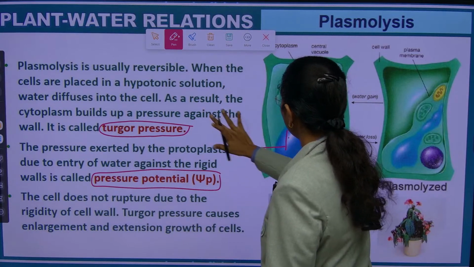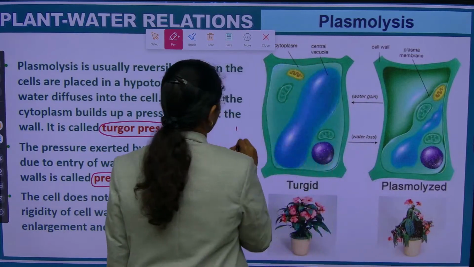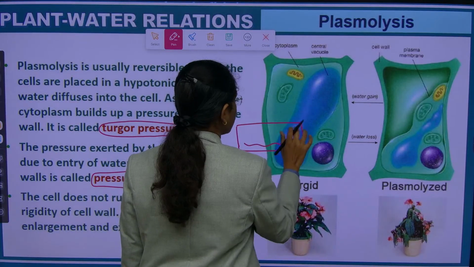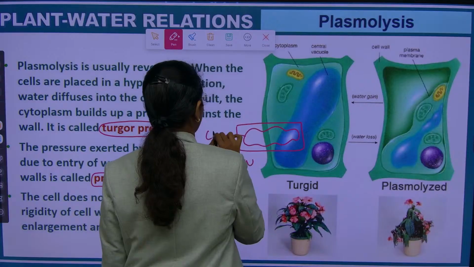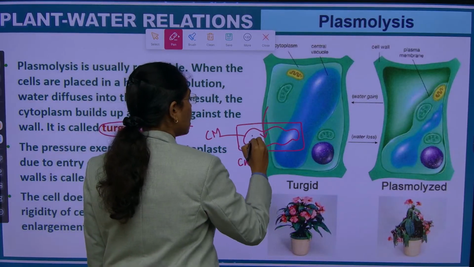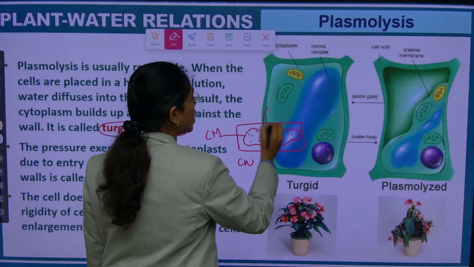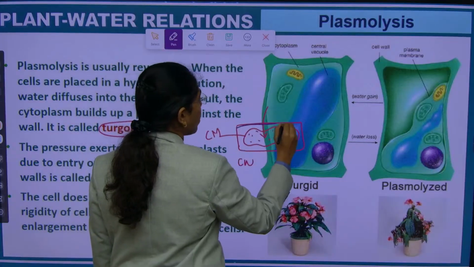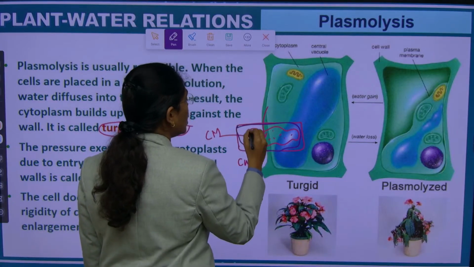if this is the cell wall and cell membrane, when water molecules are entering the cell and making the cell turgid or increasing its size, a pressure is exerted by the cell membrane towards the cell wall.